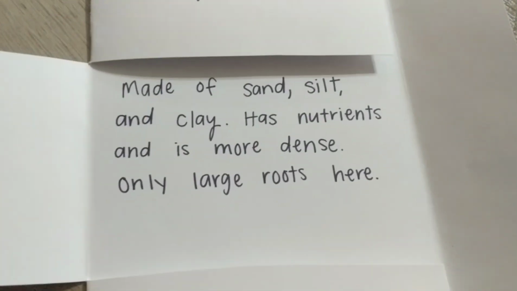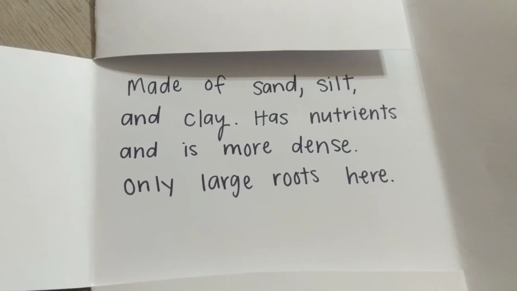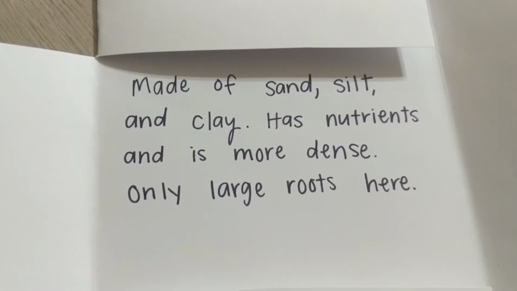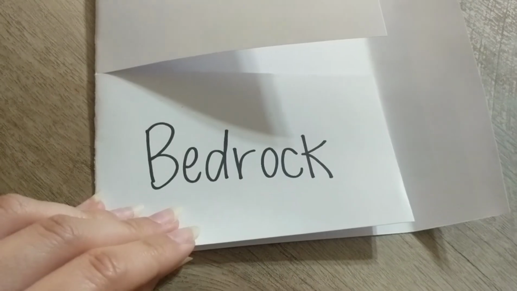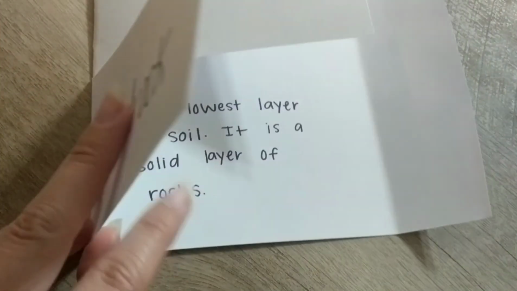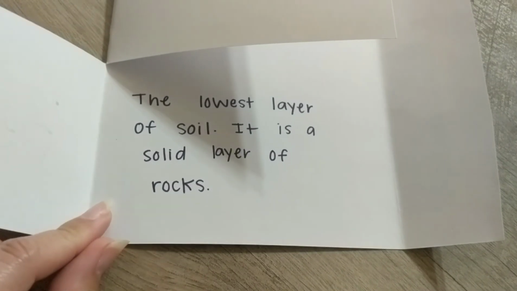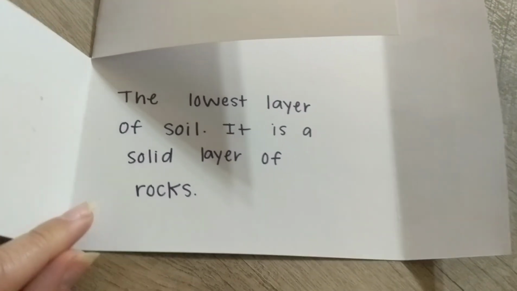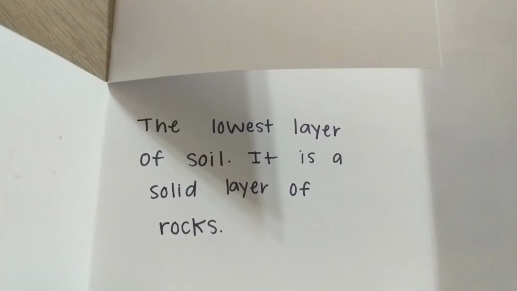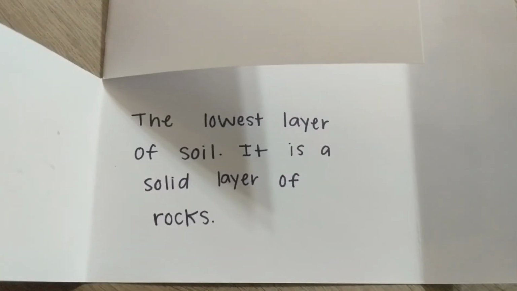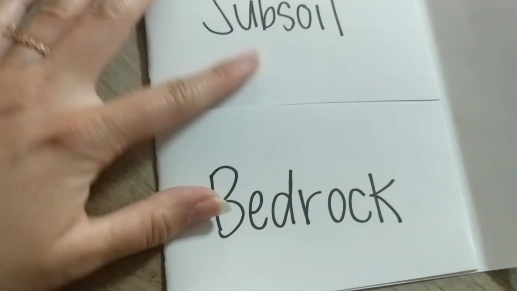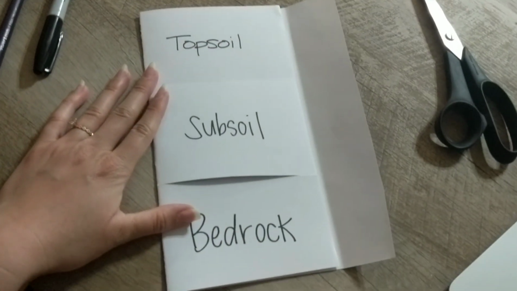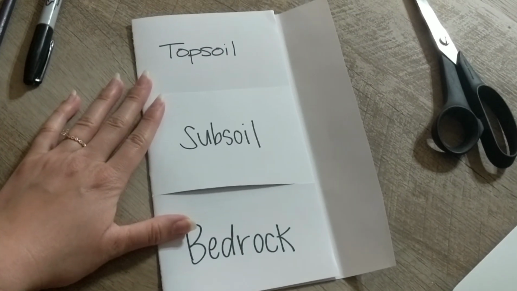So again, you can pause the video, write down this definition or another one. Last layer is bedrock. I have the lowest layer of soil. It is a solid layer of rocks. So you can pause and write that down, and we'll have all of the writing done for our chart.